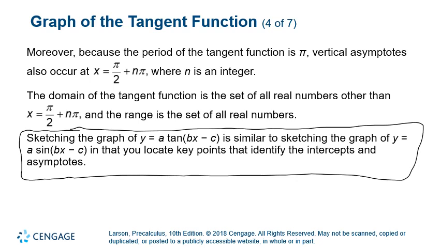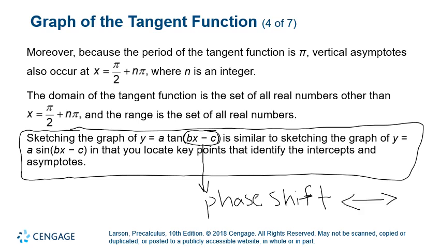The tangent can still have what we call a phase shift, but it doesn't have a vertical translation because the graph of tangent is already traveling more or less in the vertical direction. So it's not going to really shift up so much as it will phase shift left and right.